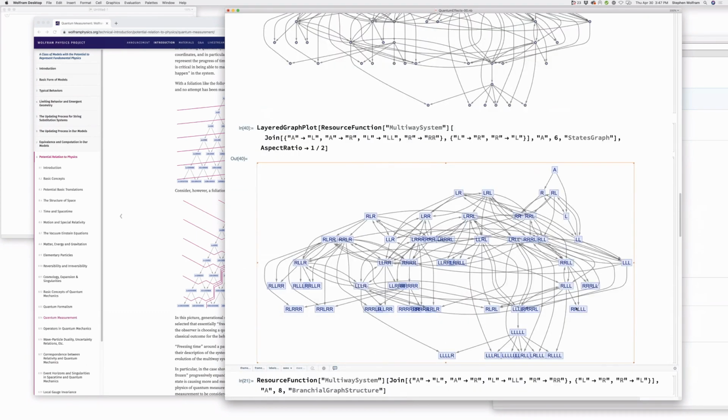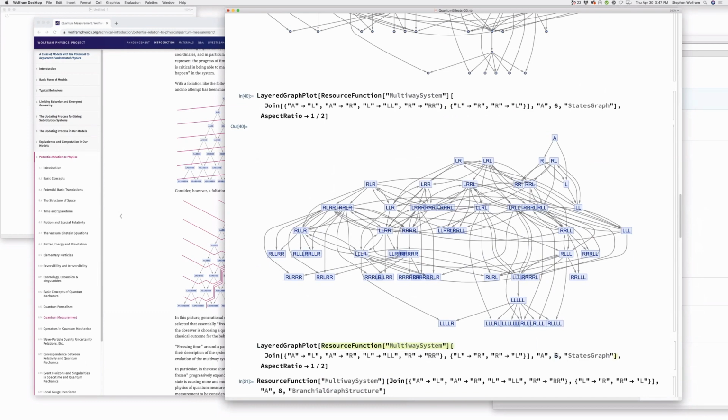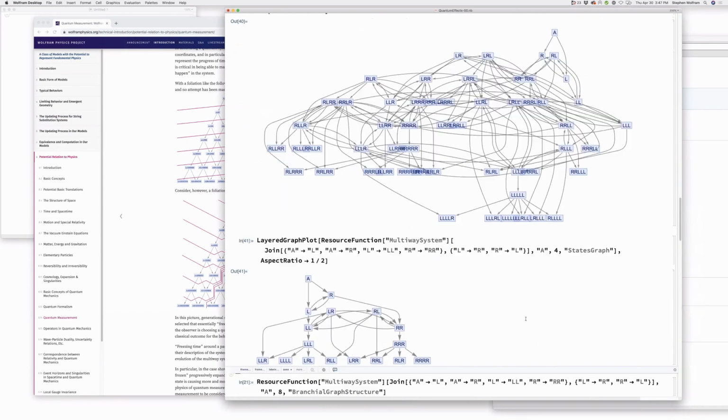Oh my gosh. It's a pity that this thing isn't symmetric between L and R. And I wonder if there's any way to force it to be that way. You mean the embedding? Yeah, the embedding. Right. I was going to say, I think the multiway evolution should be.